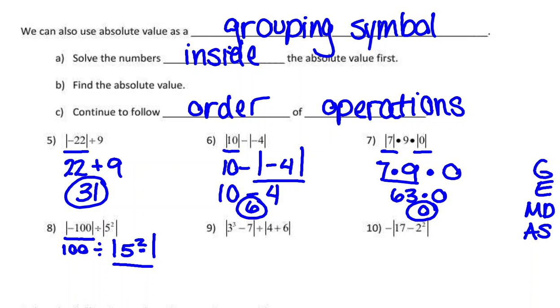So really that's 100 divided by the absolute value, 5 to the second power, is written out 5 times 5, which is 25. Still in absolute value bars. We haven't solved that yet. Then we have to take the absolute value of 25, always positive, so it's 25. And then 100 divided by 25 is 4.